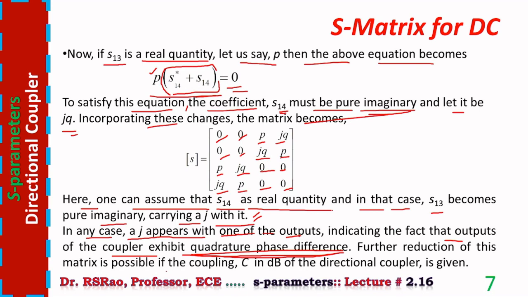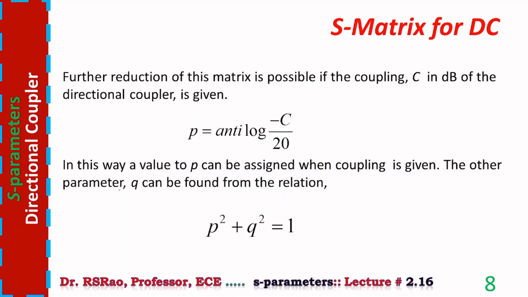Further reduction of this matrix is possible if the coupling C in dB of the directional coupler is given. This parameter C is usually available as it is given by the manufacturer along with the directional coupler. Further reduction can be done by establishing a connection between P and C. That connection is P equals antilog of minus C by 20.